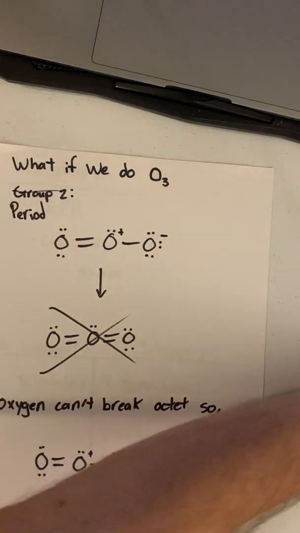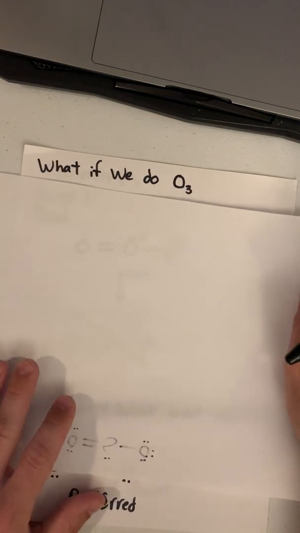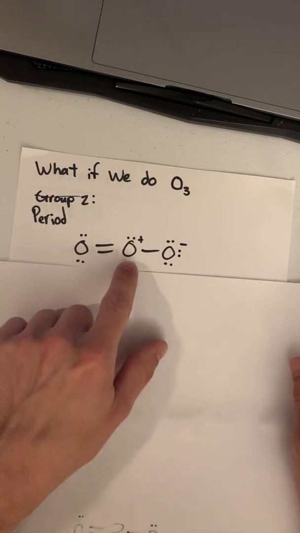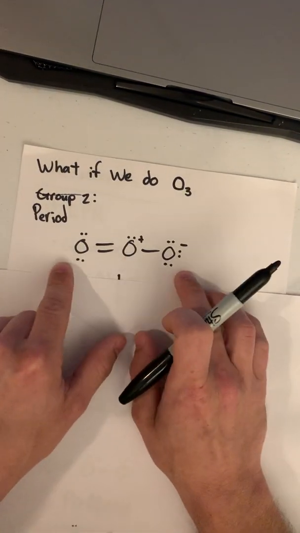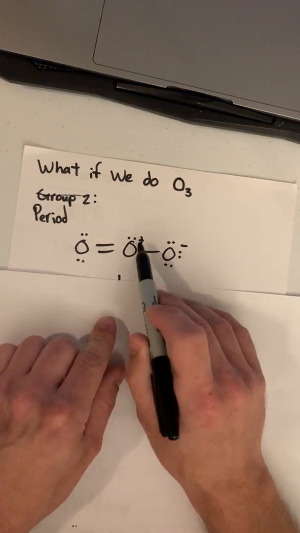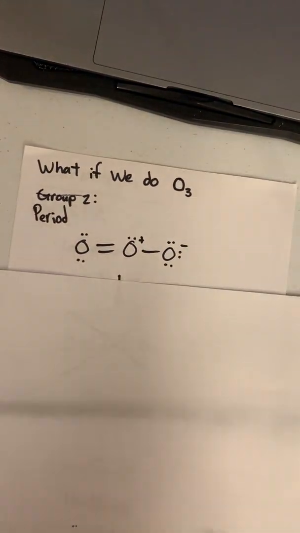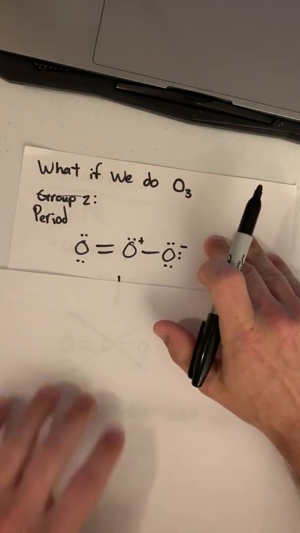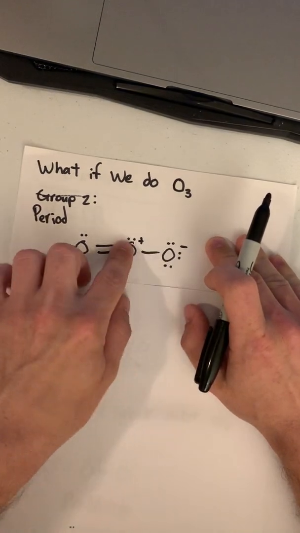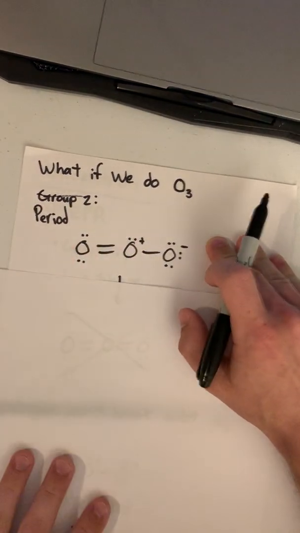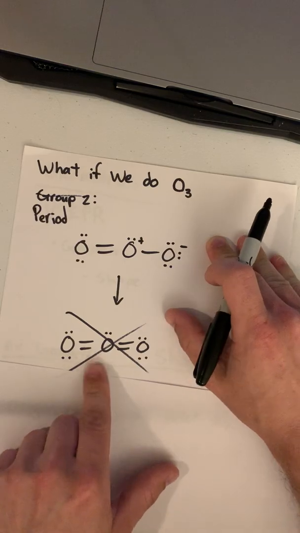Like I said, I would show you what it would look like if we did O3 instead. So if we did O3, we have our original example just like we did, where we have the partial positive, partial negative, looks just like SO2. What if we tried to do the double bond and keep the octet, and then put a lone pair on oxygen here, just like that?